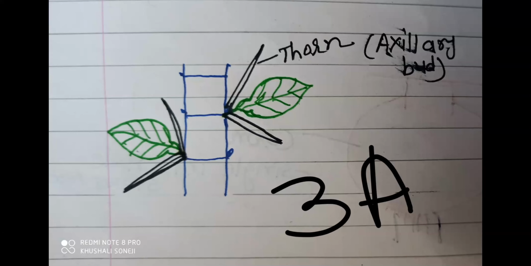No, not nodes. What structure is there near the nodes? Axillary bud. That is the correct answer. See, this is the entire node part. That is not converting. The axillary bud near it, that is converting to thorn. Very good. Good.